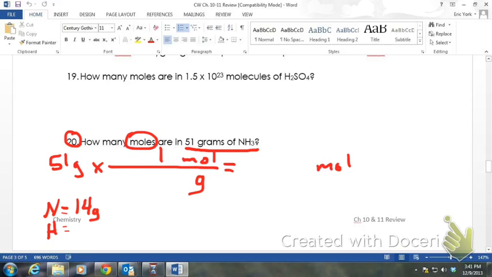Hydrogen is equal to 1 gram, but remember we have 3 of them, so we have to multiply that by 3. So NH3 is equal to 17 grams. So now what we do is we just set up the math. We have 51 times 1 is 51, divided by 17, that equals 3. So our answer here is 3 moles.